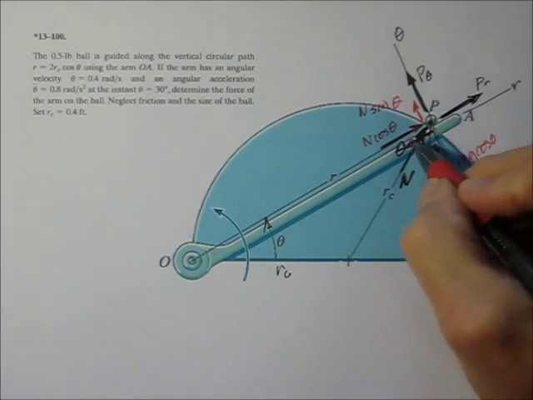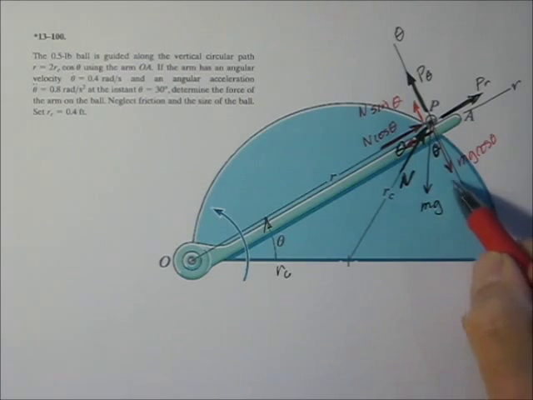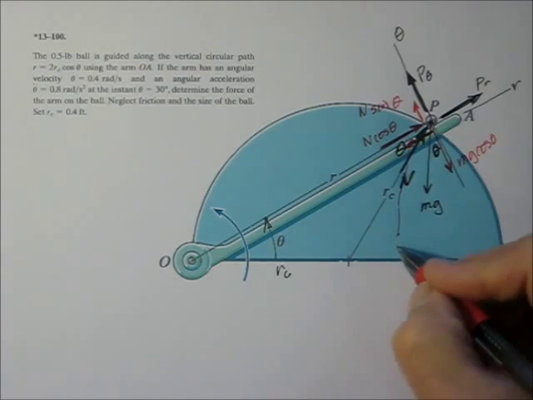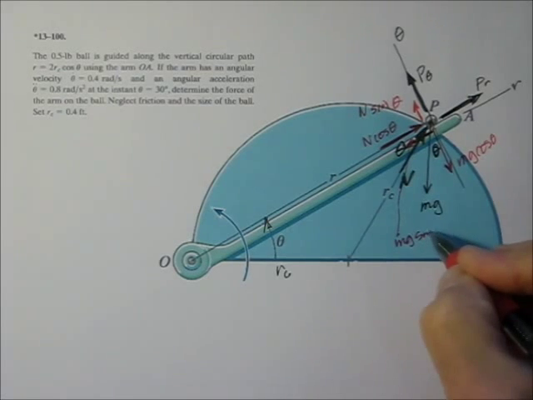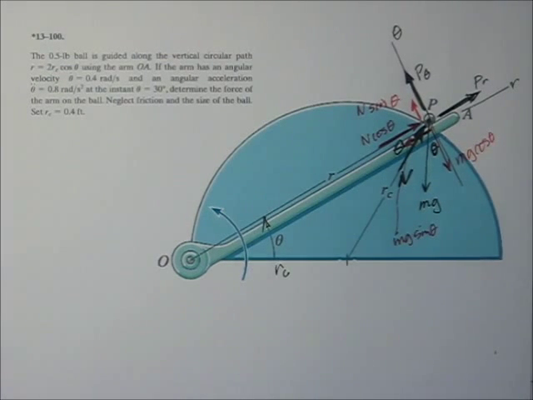As we're looking at it, you might be able to discern that later, I don't know. But anyway, that component right there is going to be the sine component, so that is mg sine theta. Okay. Now that I've got all the forces and our free body diagram, again, it looks a little busy, but I hope that you were able to follow that.